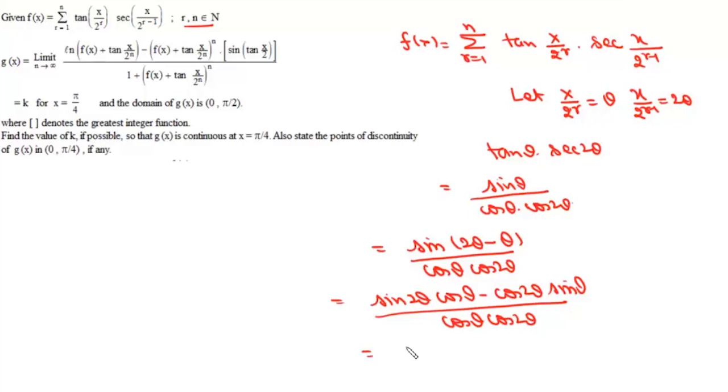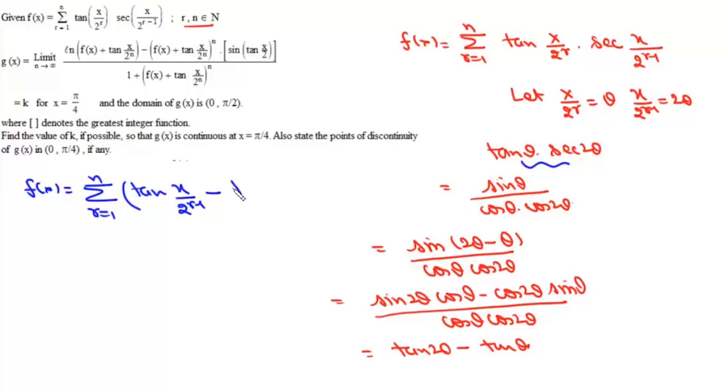Now if we split this, we can write this as tan 2 theta minus tan theta. So we can write this function f(x) as the summation, r varies from 1 to n, and tan theta into secant 2 theta is tan 2 theta minus tan theta. So it will be tan x upon 2 to the power r minus 1, minus tan x upon 2 to the power r.